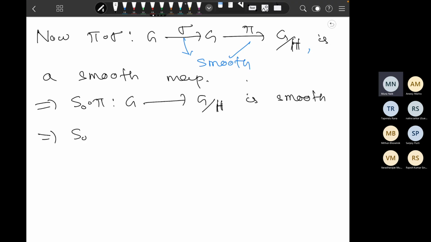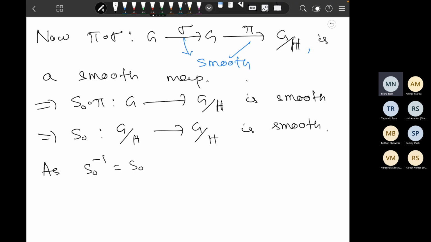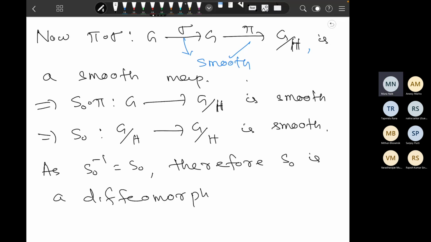So this implies S_o from G/H to G/H is smooth. Now, as S_o inverse is equal to S_o, this implies that S_o is a diffeomorphism of G/H. So this is the thing we have got.